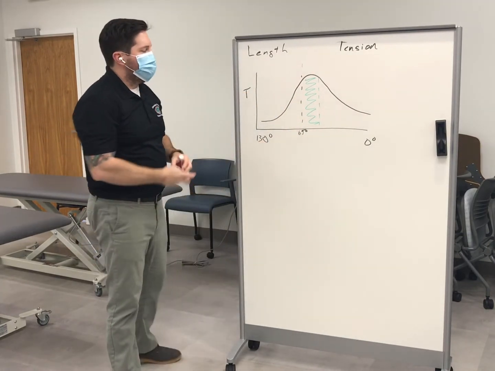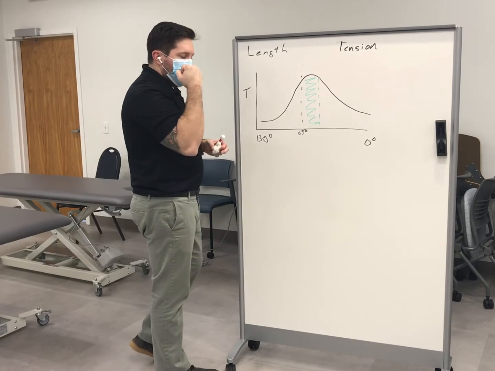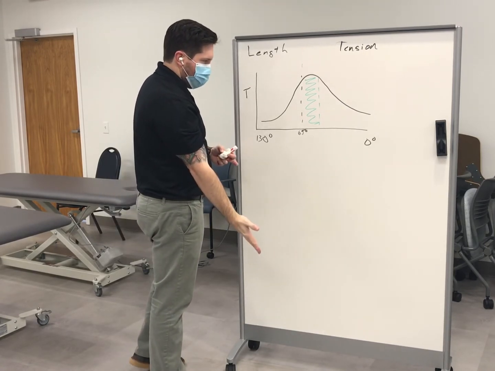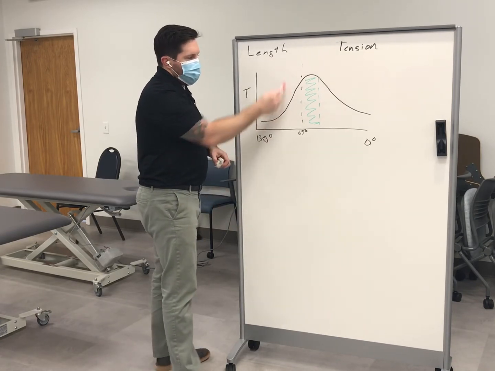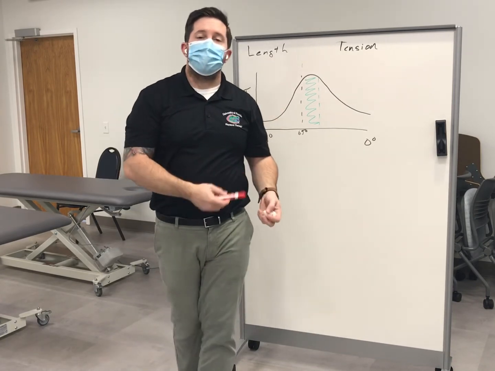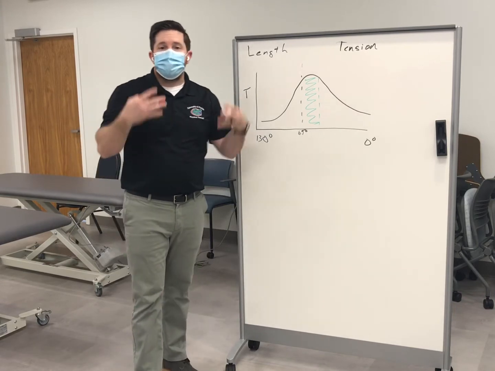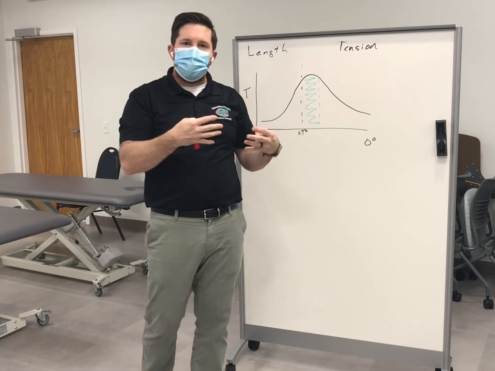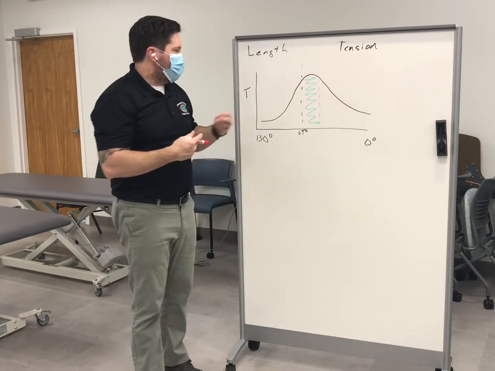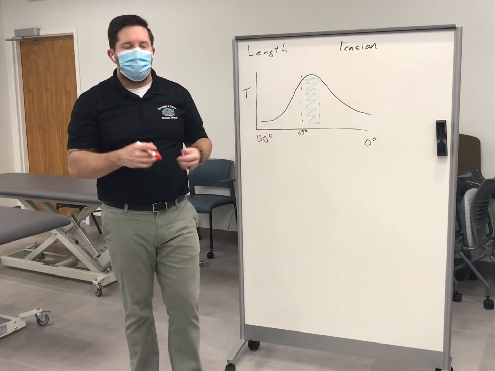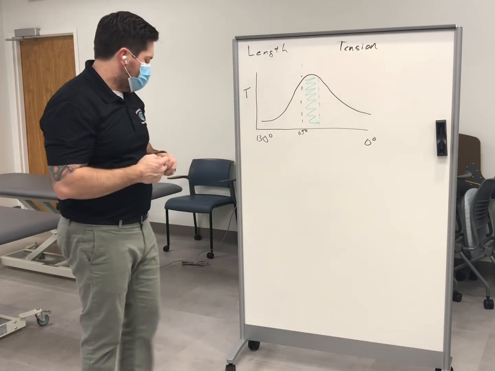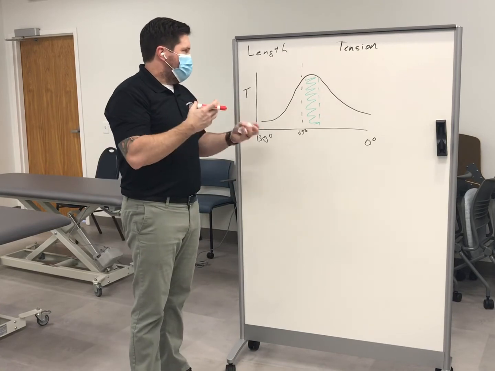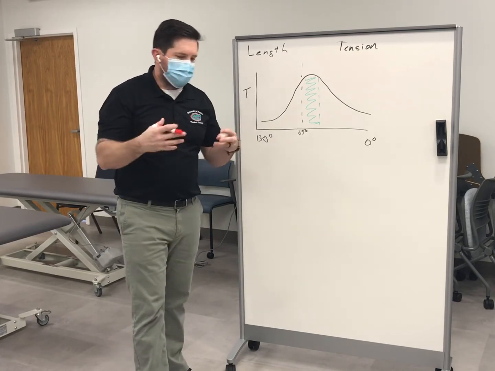So while I might have more resistance being provided by a band as I get further towards a flex position when it is anchored to the ground, I do have a drop-off in some of the tension that can be created in the muscle, because now I have overlap or decreased areas for connection between the myosin and actin, with the heads and the anchor points that you have within that muscle myofibril.